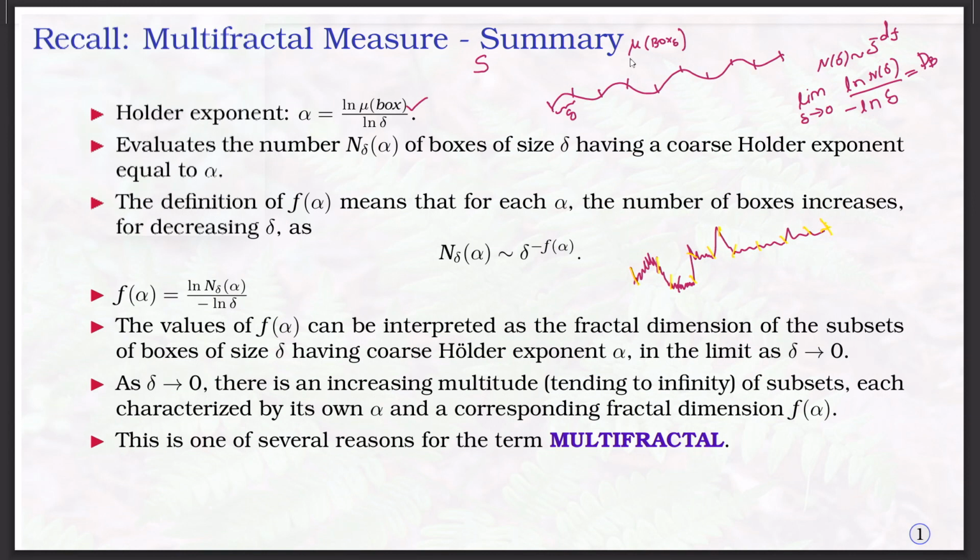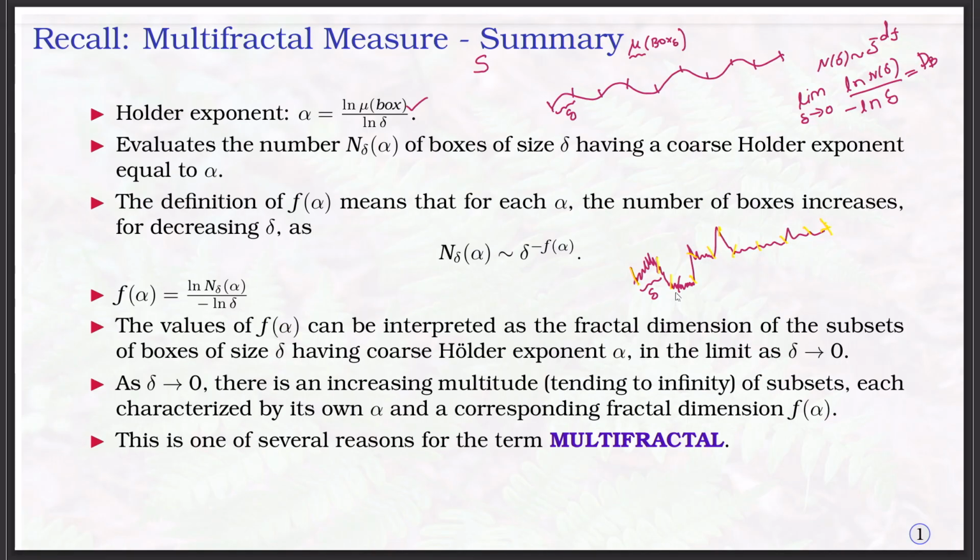Now we introduce the measure mu on each box. Here each box size is delta. So one can understand that with respect to delta, this mu is not equal because the measure of the box varies with respect to the object.